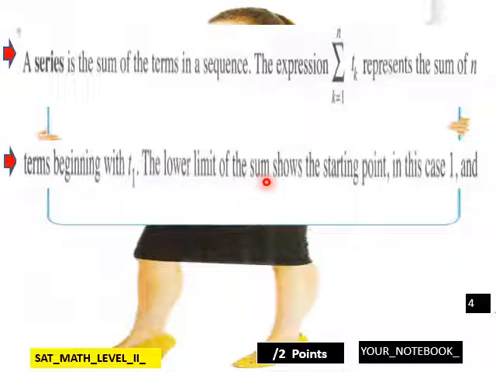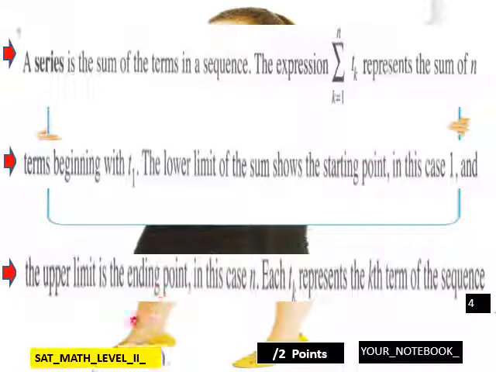The lower limit of the sum shows the starting point, in this case 1. The upper limit is the ending point, in this case n. Each t sub k represents the kth term of the sequence, so k equals 1, 2, and so on, up to n.